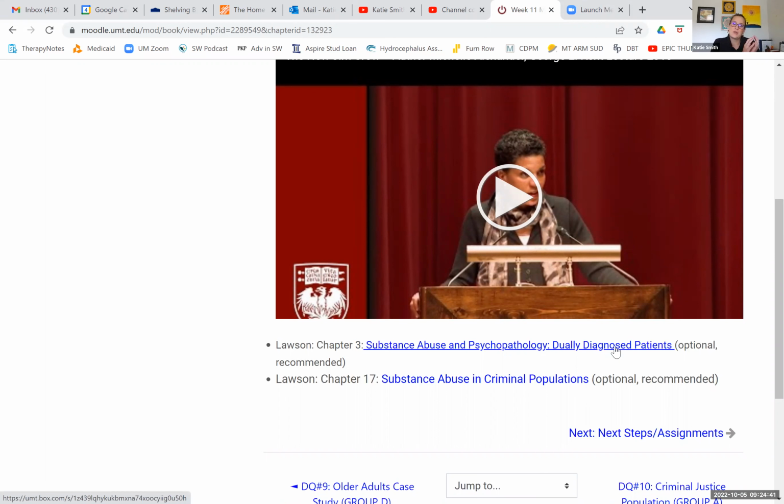Dual diagnosis is a term that was replaced by co-occurring. So when you see dual diagnosis, you can be willing to bet that the resource is a little bit older, but generally those terms are used interchangeably. And then also a chapter on substance abuse in criminal populations.